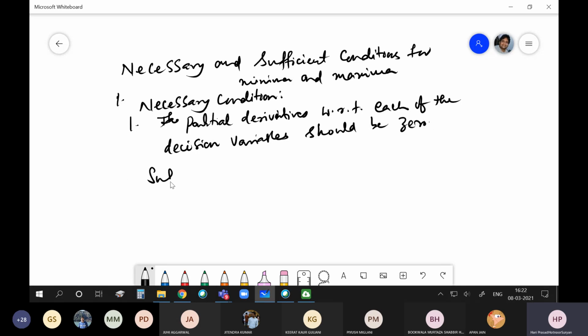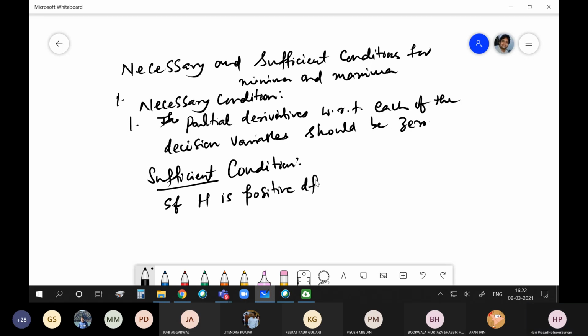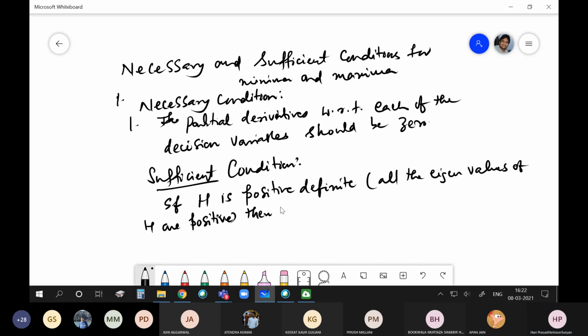Then the sufficient condition is that if H is positive definite, that means all the eigenvalues of H are positive, then we will have a local minima.